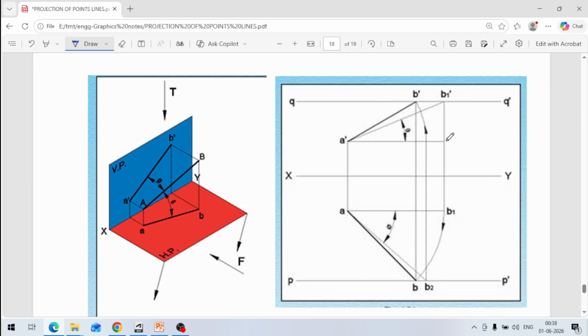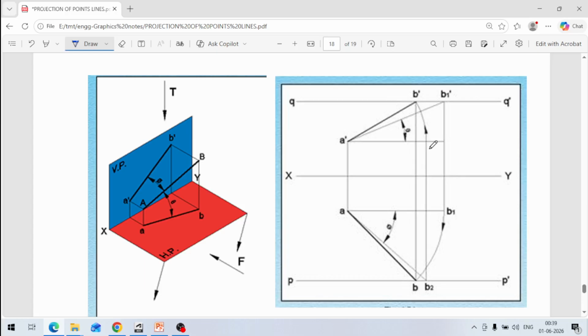From here, this angle is not alpha and not beta. This angle will become some alpha, and this will become some beta, the angles of the actual projection. Theta and phi are not the angles of the actual projections; these are some different angles.